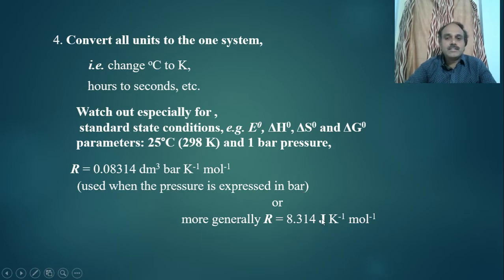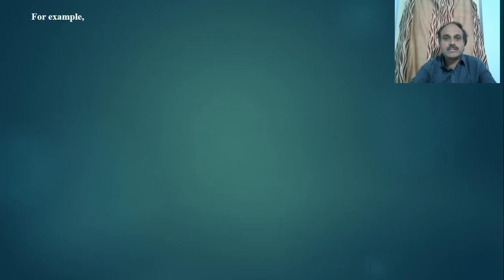If it is in joules, then you take the R value as 8.314 joule per Kelvin per mole. This is most important. The same physical constant may be in different units. You have to maintain the consistency of the units.